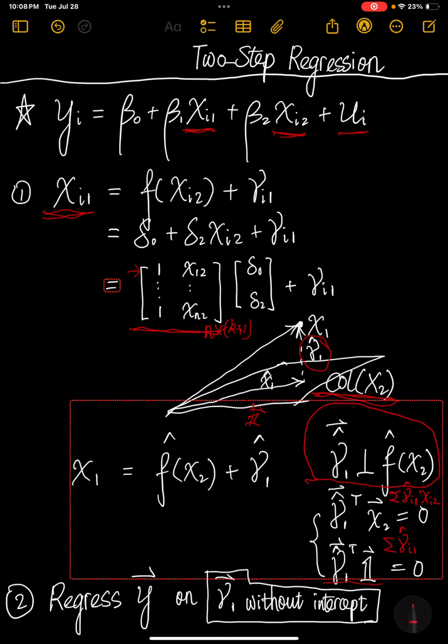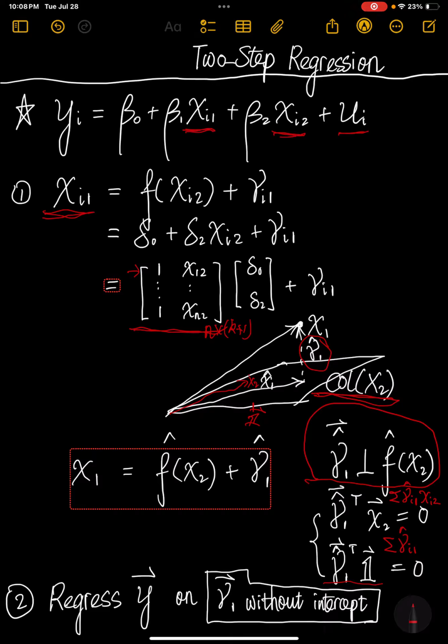You would also have another independent variable vector, the x2 vector, which also exists in the column space of the design matrix. Because your residual vector is perpendicular to the whole column space of the design matrix, it is perpendicular to every single vector in this column space.